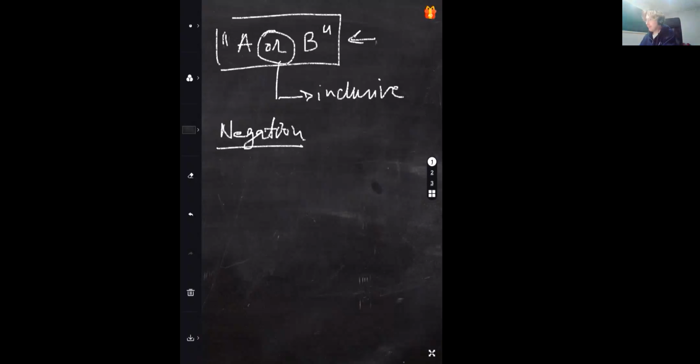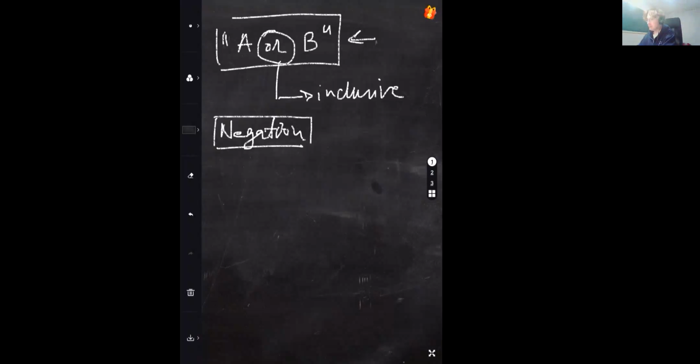So the statement A is not true, or A is false, or it is not the case that A, is called the negation of A. And it's true only if A is false, and it's false if and only if A is true, right? Because we're negating it.